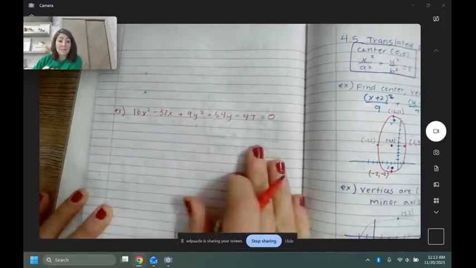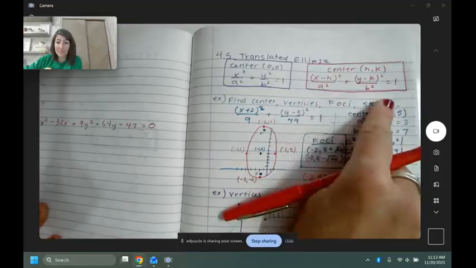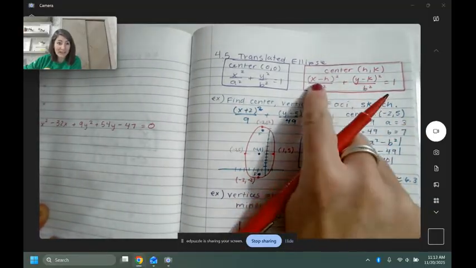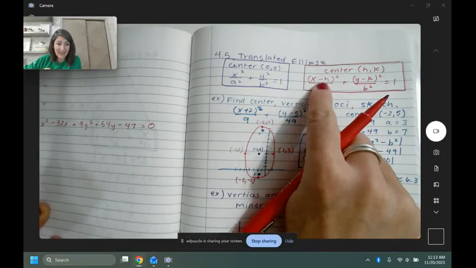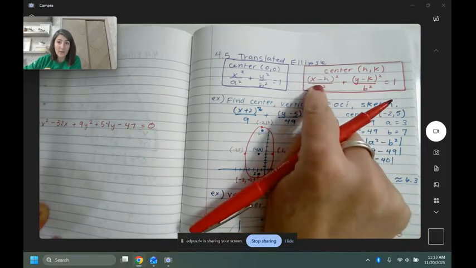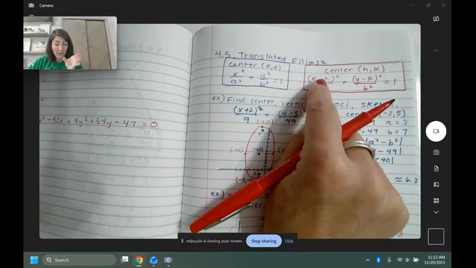Okay, so something to this effect. Now, with this being my standard form, what I'm going to need to do to get these in x minus h squared form is complete the square so that this is a perfect square trinomial.